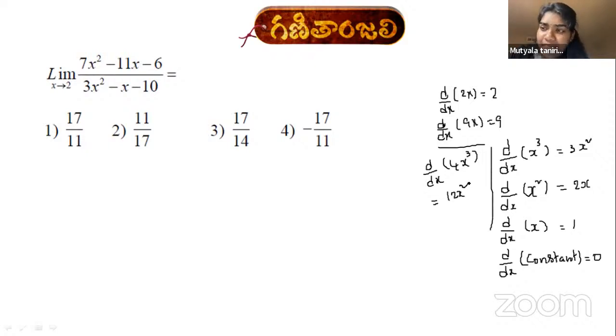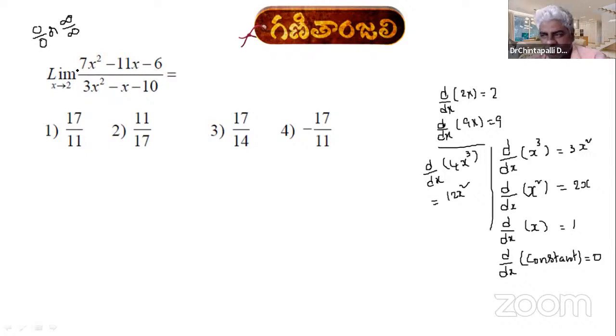First of all, it is in the form of 0 by 0. Keep this point in your mind that whenever the given function is in the form of 0 by 0 or infinity by infinity, then only we should use L'Hospital rule. Otherwise, it shouldn't be used.